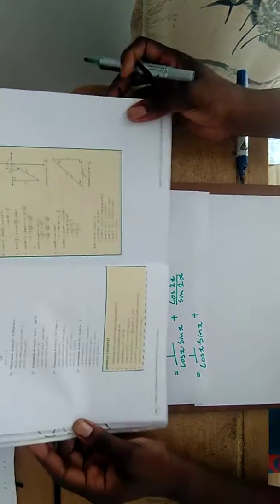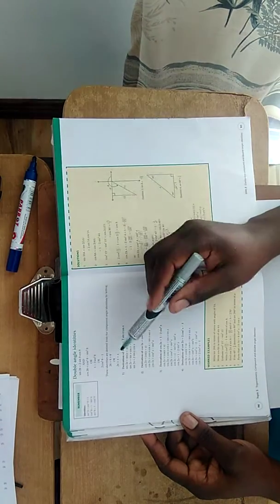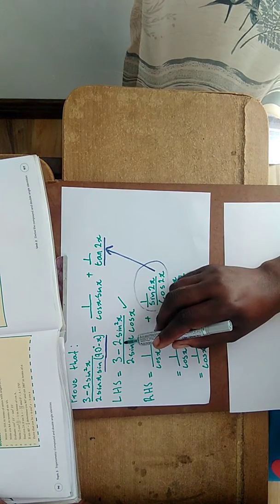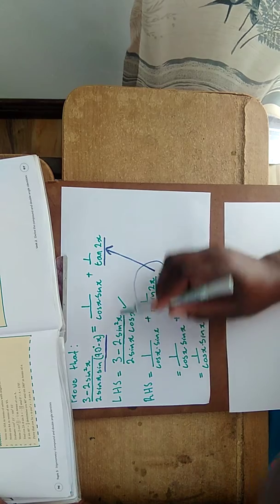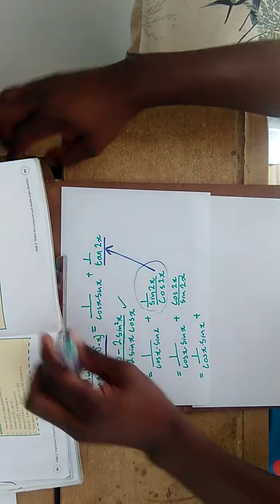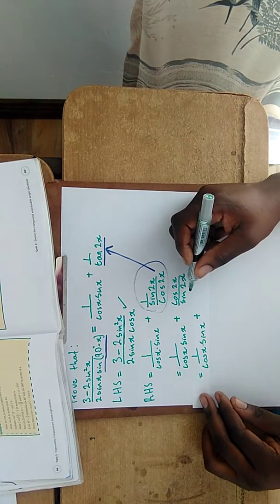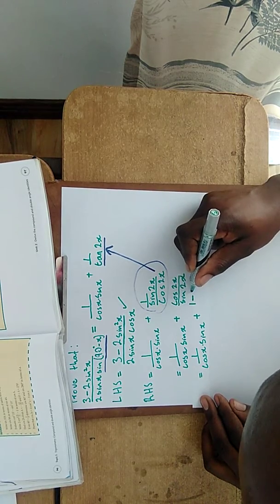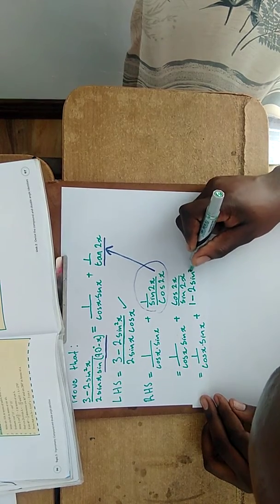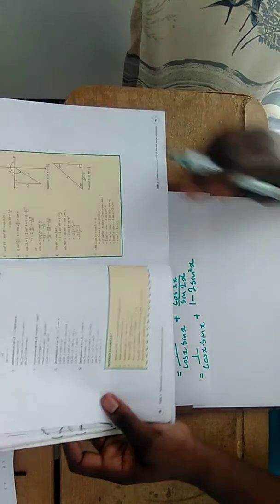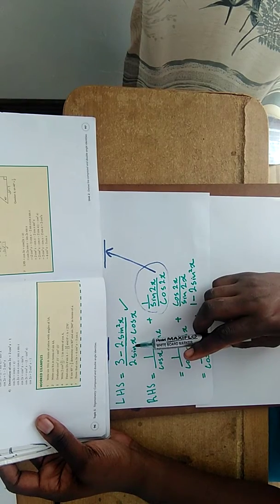I choose to change cos 2x to 1 minus 2 sine squared x, because if you check my left hand side, I have 2 sine squared x. I chose this one because I looked at my left hand side.